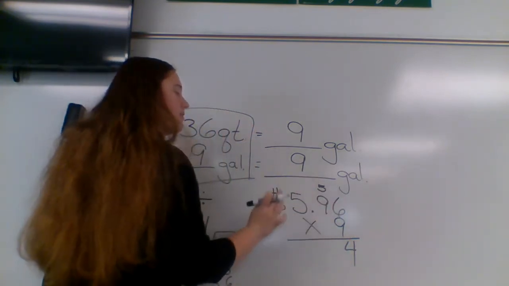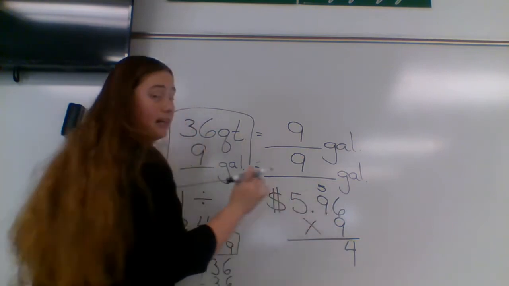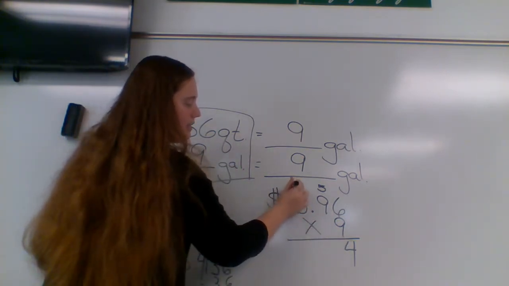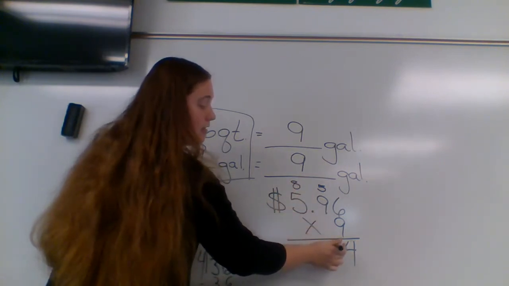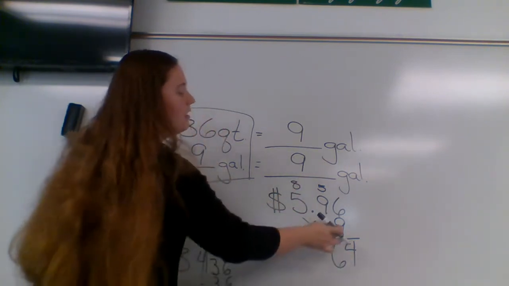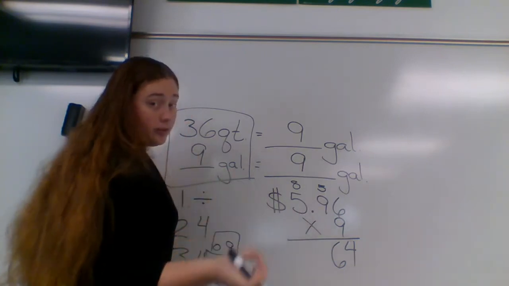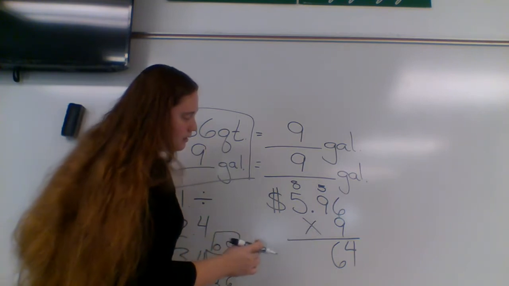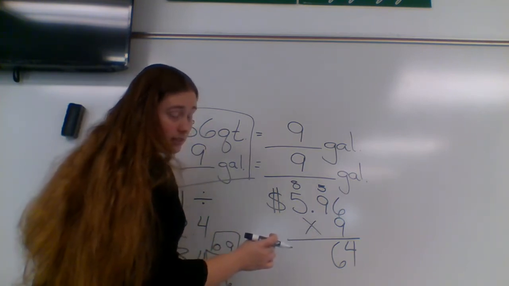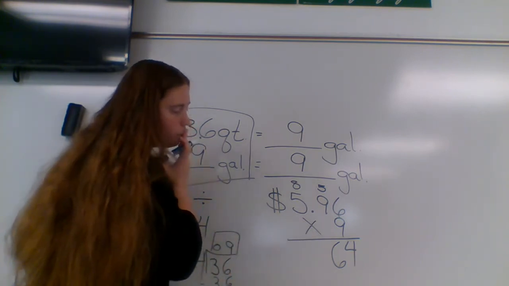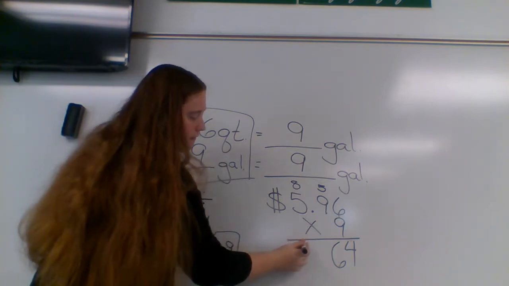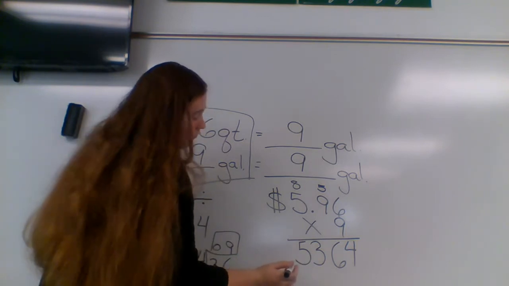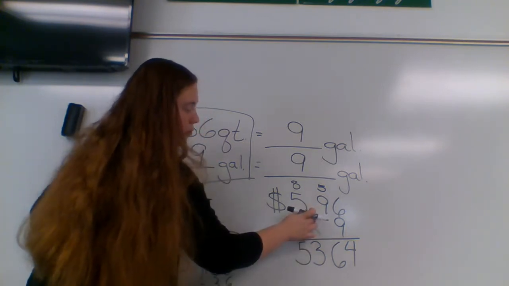Okay, so 9 times 6 is 54. 9 times 9 is 81. 81 plus 5 is 86. 5 times 9 is 45, plus 8 is 53, I believe.